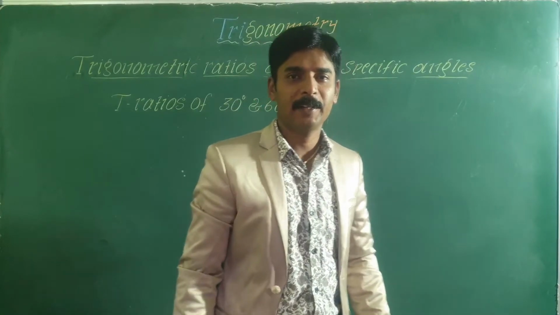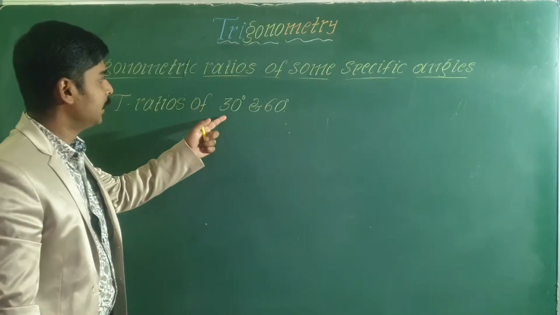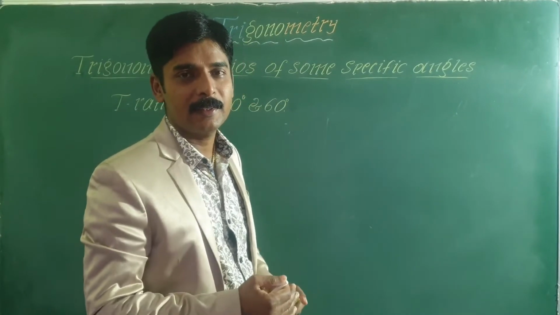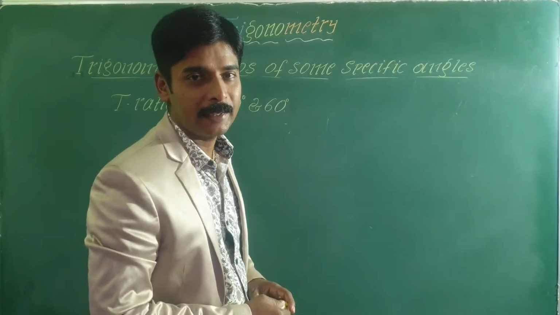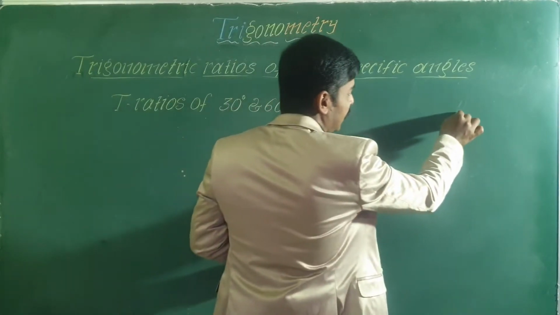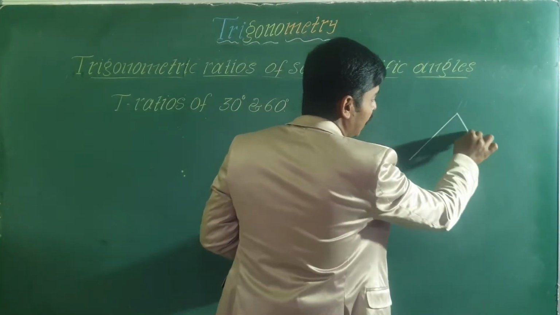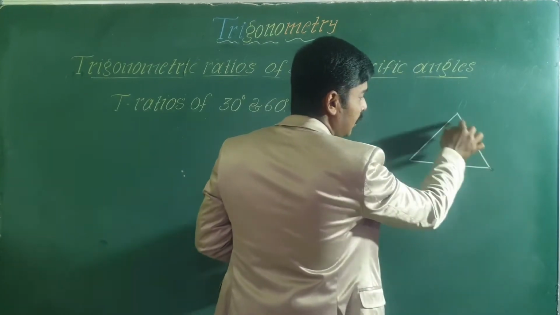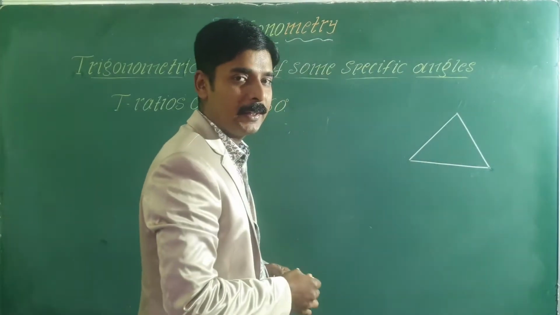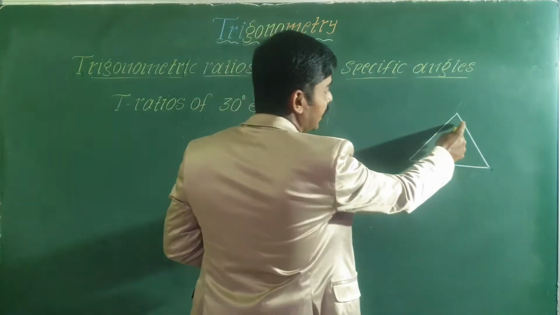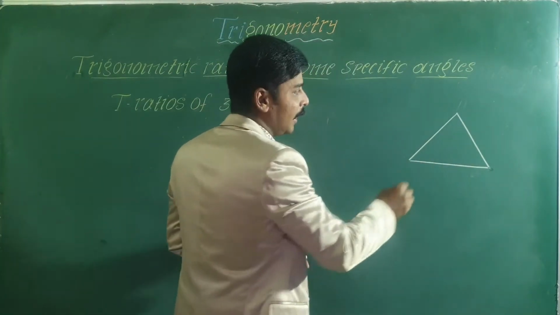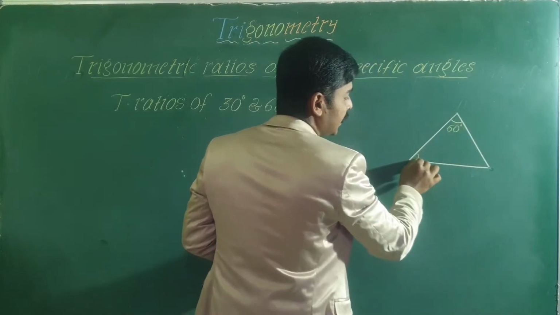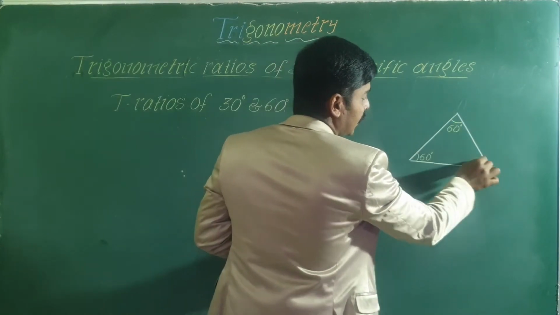Next, we will find the t ratios of 30 degree and 60 degree. For this, let us consider an equilateral triangle ABC. In an equilateral triangle, all the three sides will be equal and all the three angles will be equal, and each angle will be equal to 60 degree.